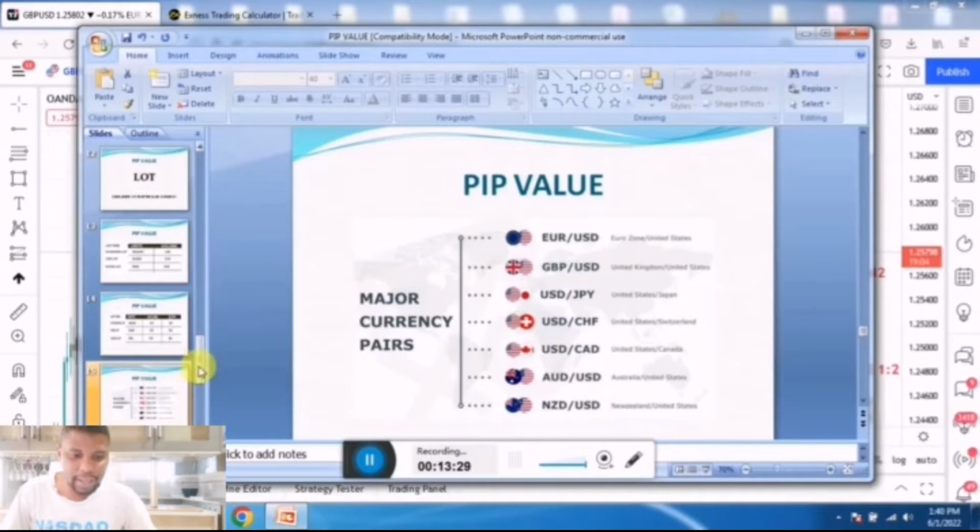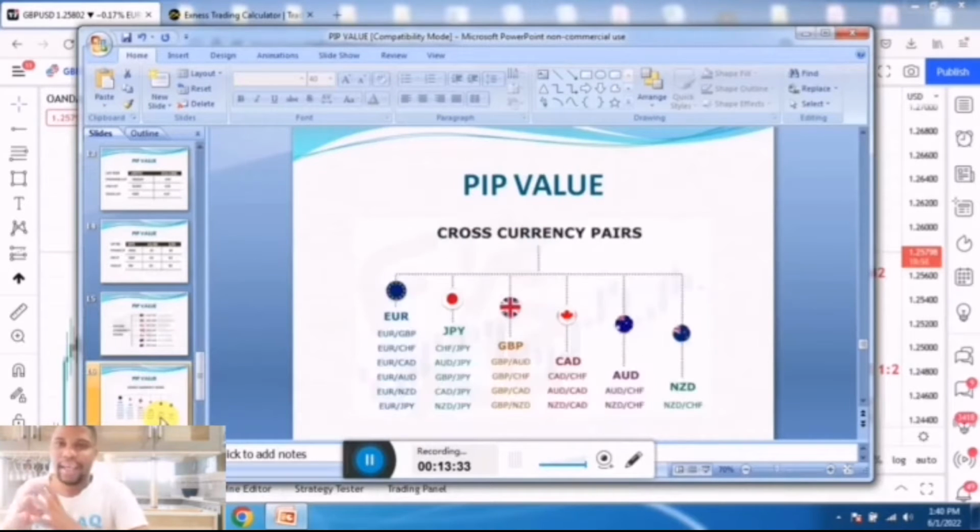Okay, I'll just explain something else. The ones that you saw there that are not quoted in dollars can have another base currency and a quote currency that is not the dollar. Most of those pairs are called cross currency pairs. So let's make an example. Euro GBP is a cross currency pair.